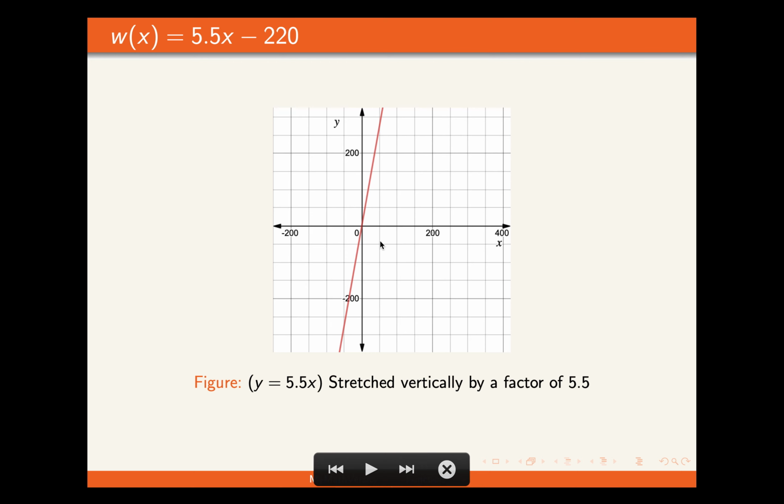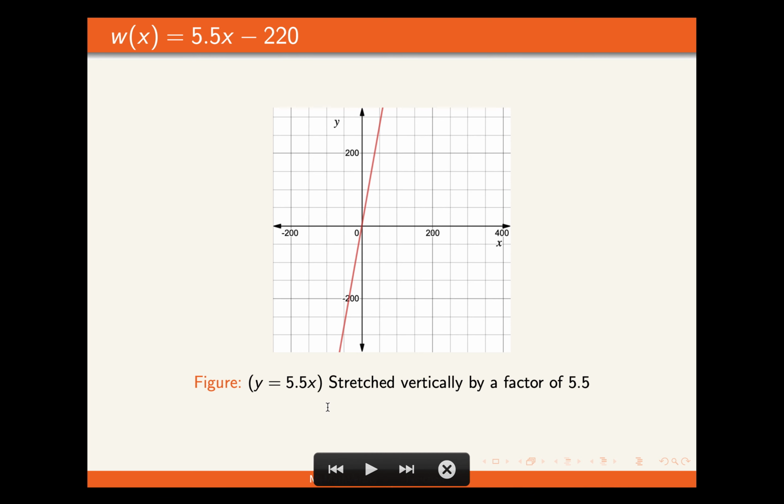What is 5.5 times 50? Can you confirm? 50 times 5.5 is 275, right? So it is intersecting somewhere around 275, corresponding to 50. That means we are stretching by a factor of 5.5.